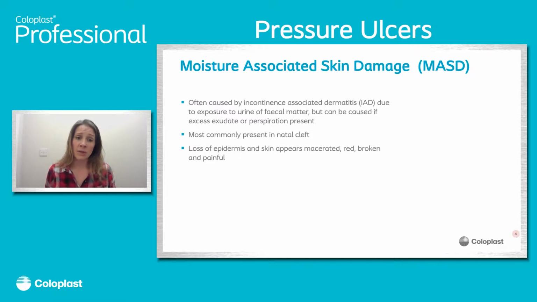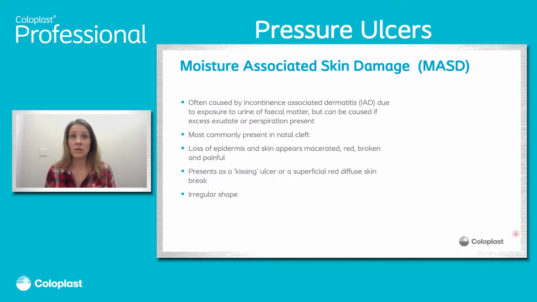It's that loss of the epidermis, so the skin might appear macerated, red, broken, painful, that kissing type effect or butterfly effect, as I've mentioned already, and irregular edges to the wounds. You shouldn't be able to see any slough or underlying structures with moisture-associated skin damage, but it is something that we should bear in mind when we're assessing a patient.